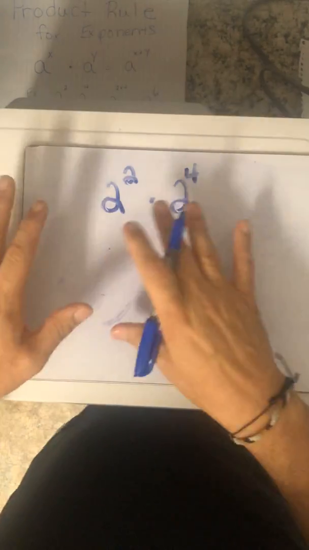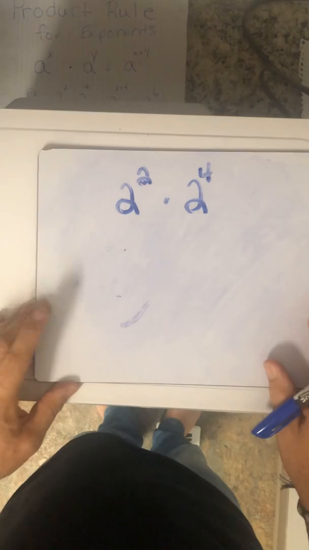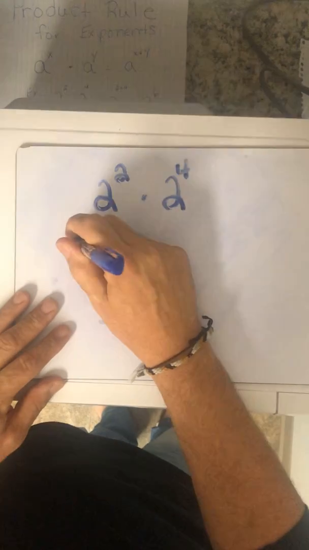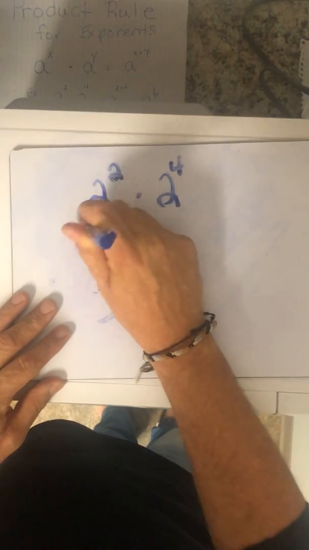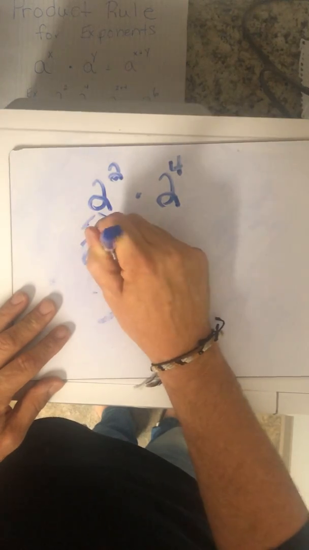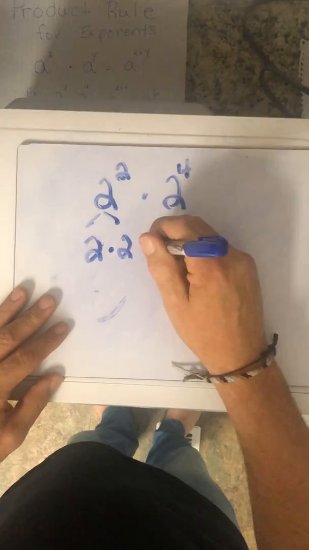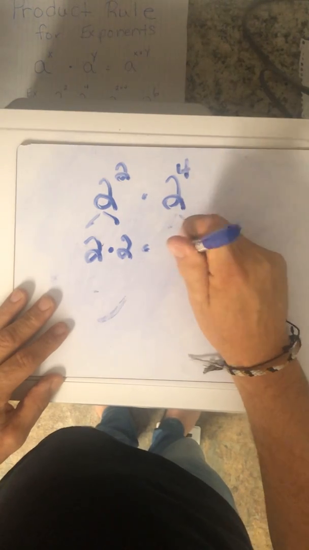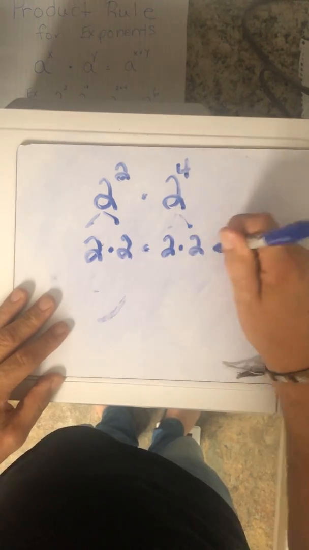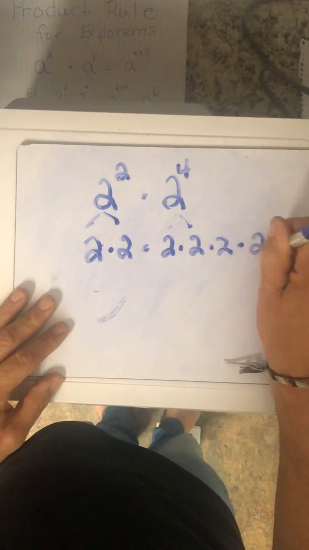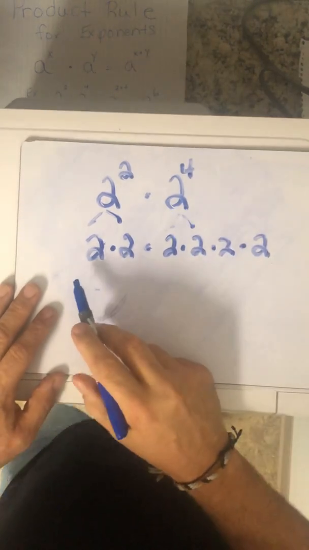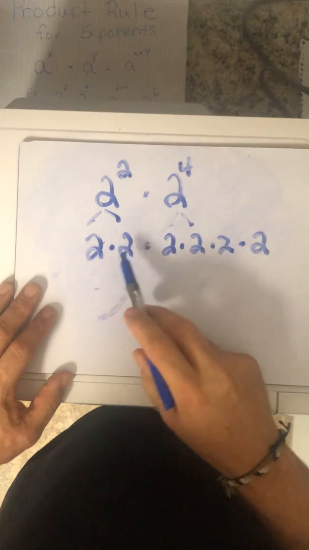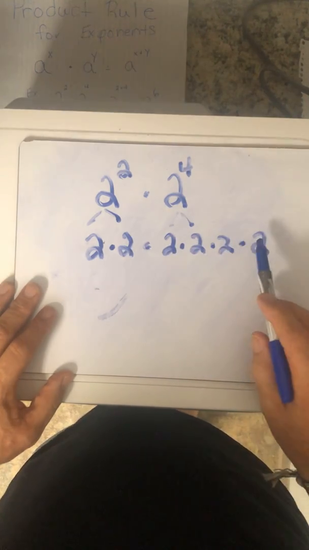If we were going to write this in expanded form, which means taking the exponent and writing out what it means, I could write 2 to the second as 2 times 2, and 2 to the fourth would be 2 times 2 times 2 times 2. If we stop and look at this, we have 2 times 2 times 2 times 2 times 2 times 2.